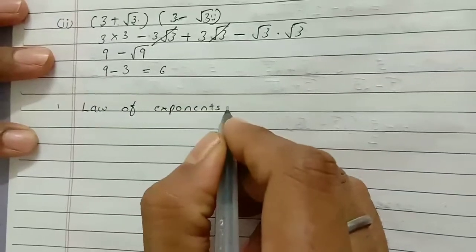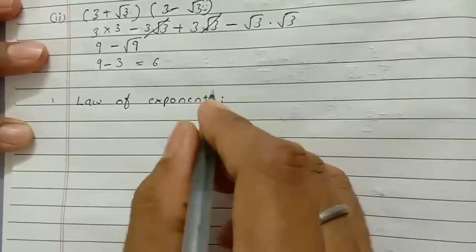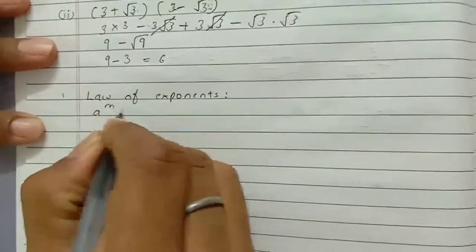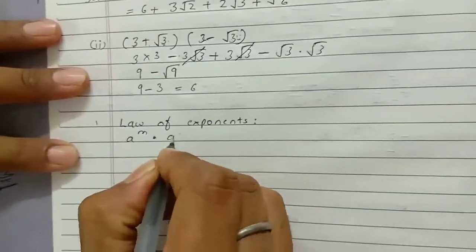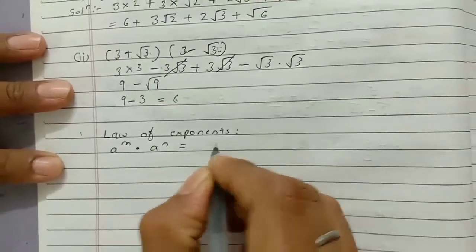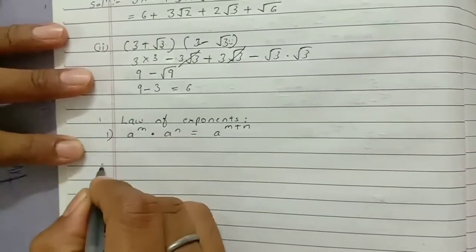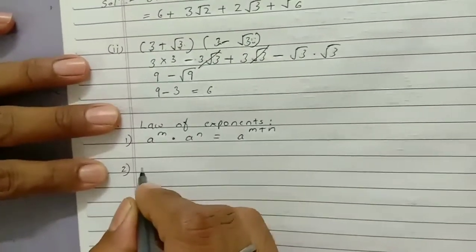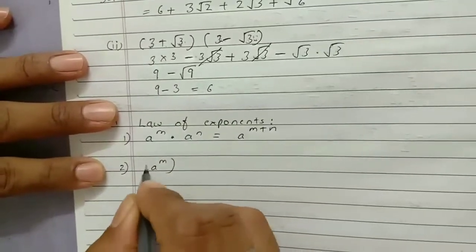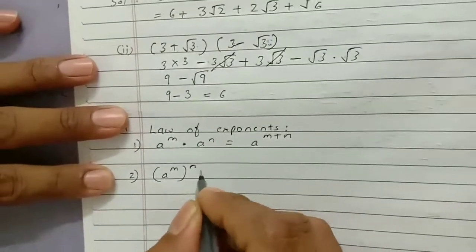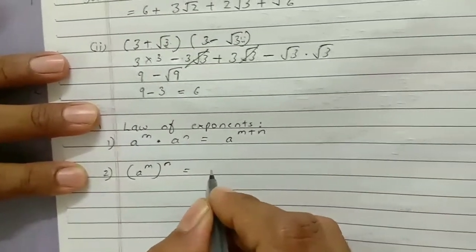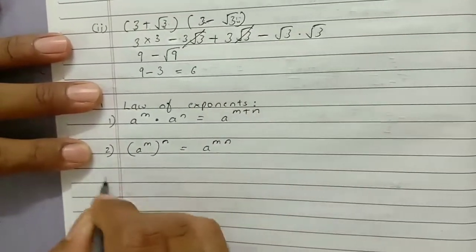Now we'll learn the law of exponents. a raised to m into a raised to n is written as a raised to m plus n. This is the first law. Second law is a raised to m the whole bracket raised to n, which can be written as a raised to mn.